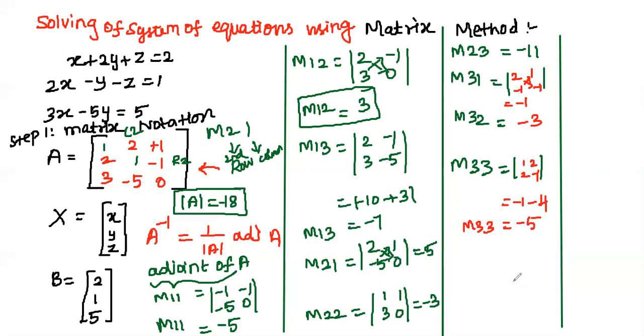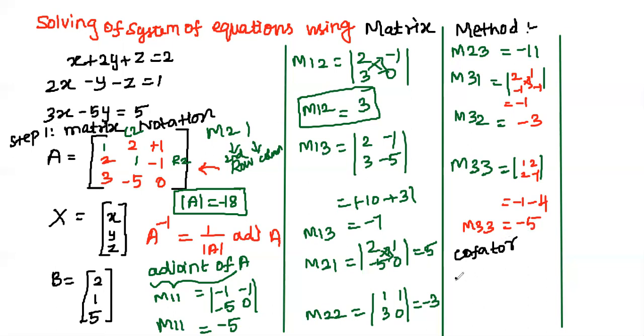I hope you remember the shortcut for the cofactor. When you add the position of the rows and columns, if your answer is even, then you will be writing the minor as the cofactor. In case you are getting an odd number, you will be writing the answer multiplied by the minus sign.